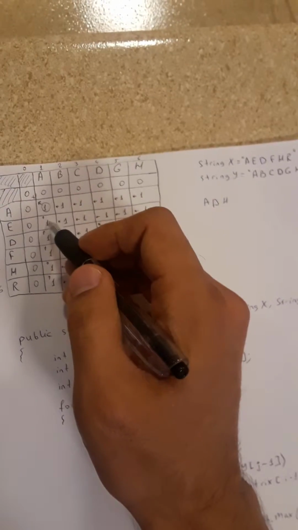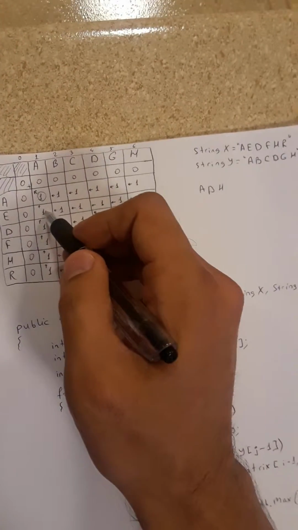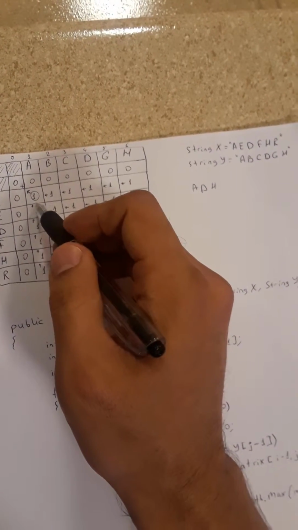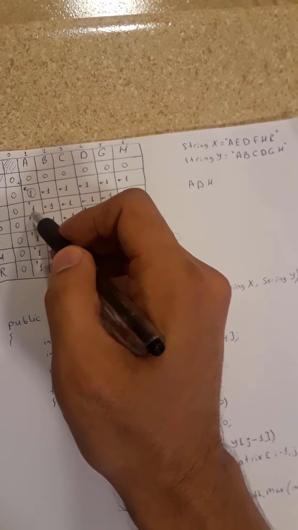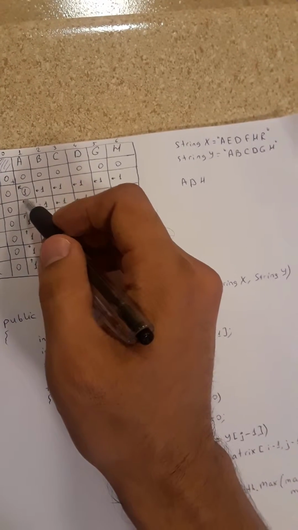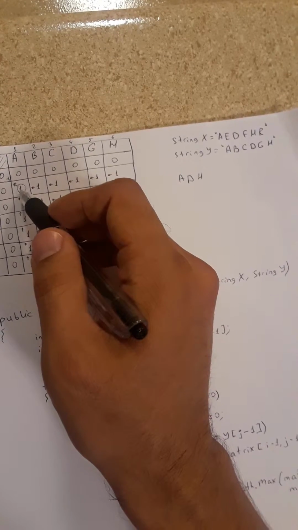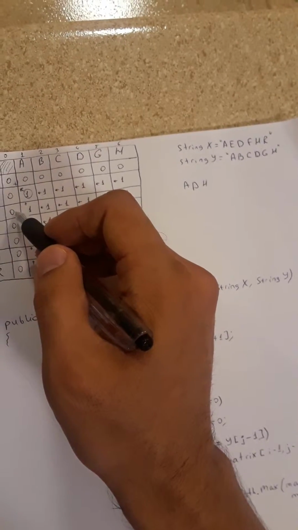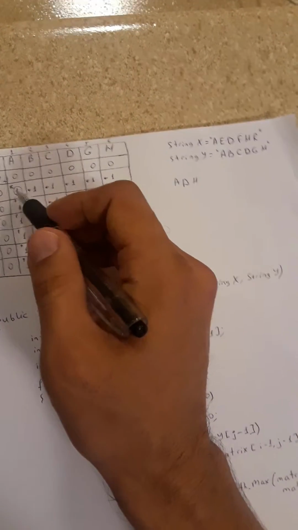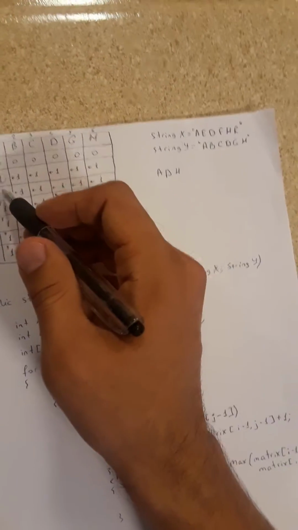And again, when we go here, we see that the letters are still not equal to each other. In that case, we populate our cell with 1, because at the top we see the number 1, while at the left we just have a 0. So we populate it with the maximum value, which is at the top.